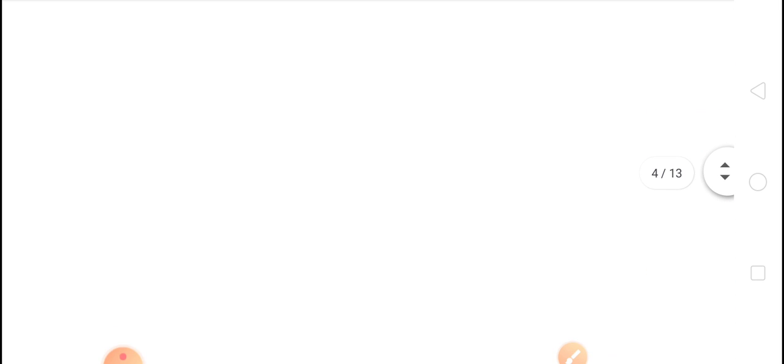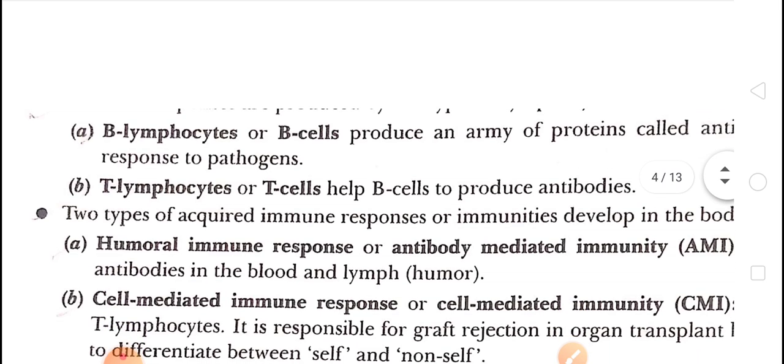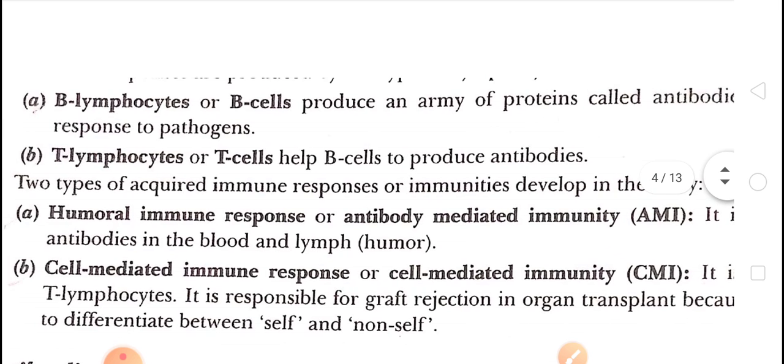Number one, B lymphocytes, and number two, T lymphocytes. Okay, B lymphocytes produce an army of proteins called antibodies, and these antibodies respond to the pathogens.